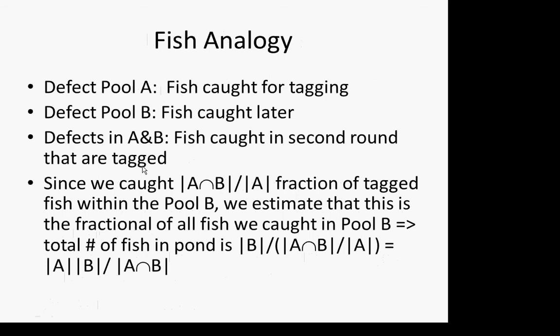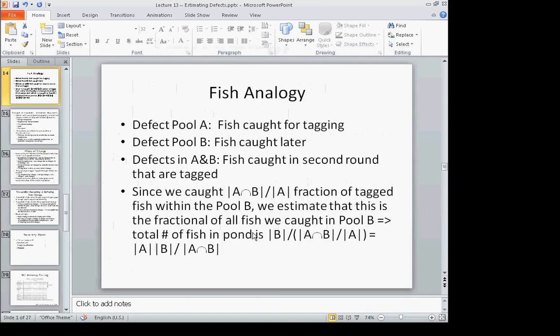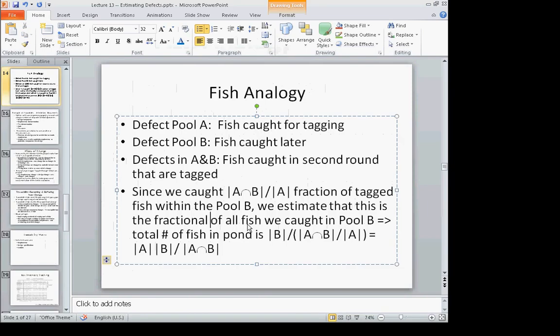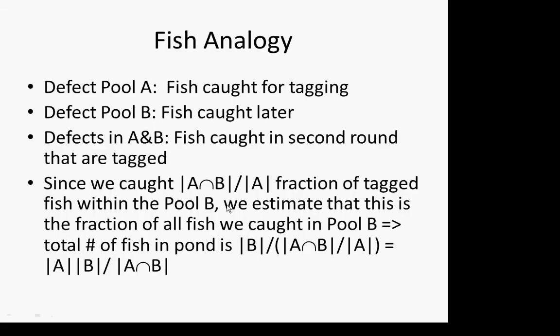We estimate the fraction of all fish that we caught in pool B. So if we found 5 out of the 50 tagged fish within those 100, these 100 are probably 10% of the whole lake.